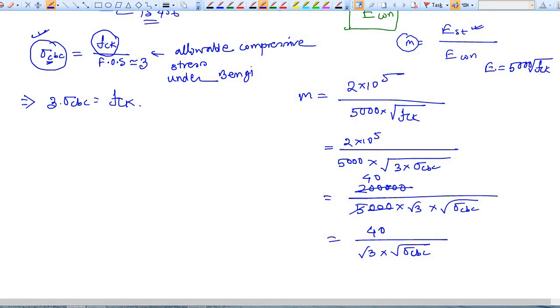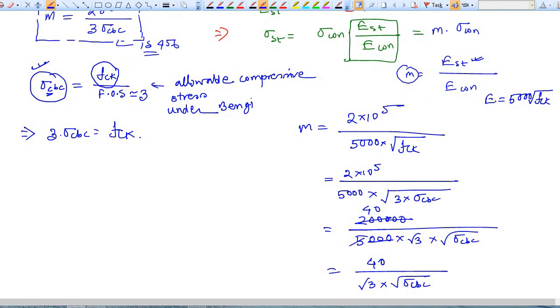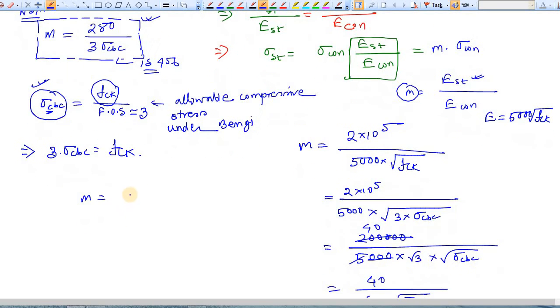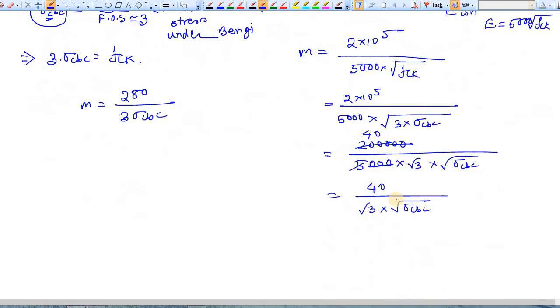But the modular ratio in the code is given as m equal to 280 divided by 3 sigma_cbc. Here let's make this 3, so 40 times square root of 3 divided by square root of 3 into square root of 3 into square root of sigma_cbc.